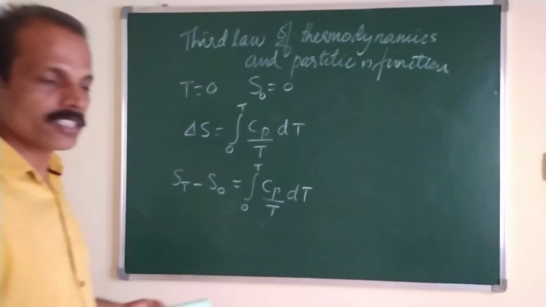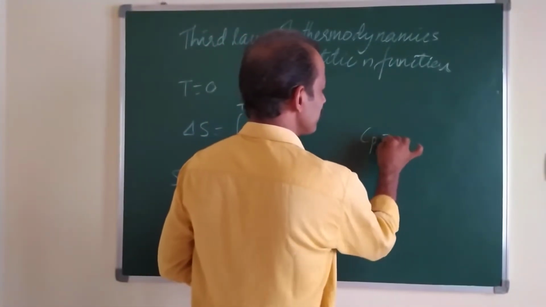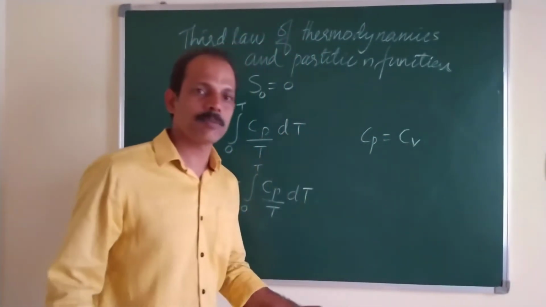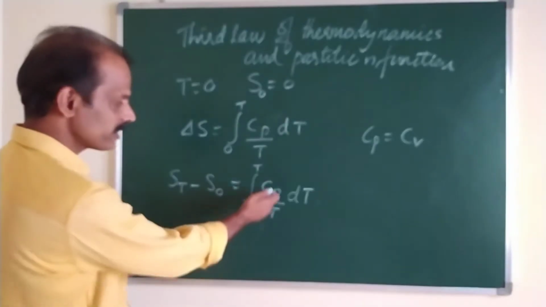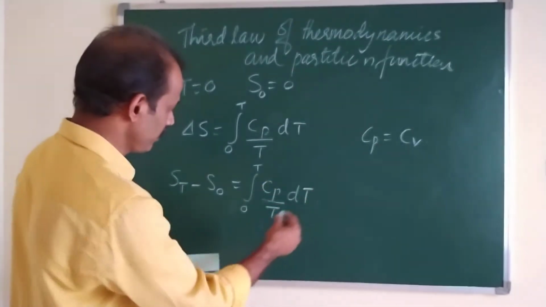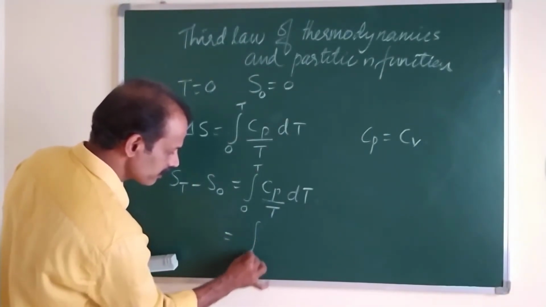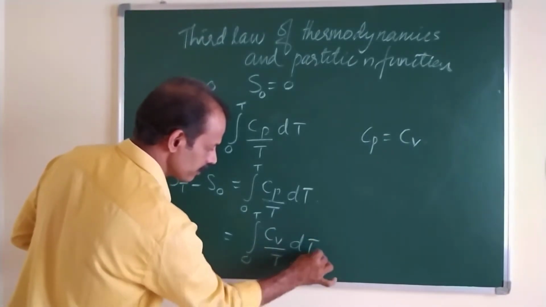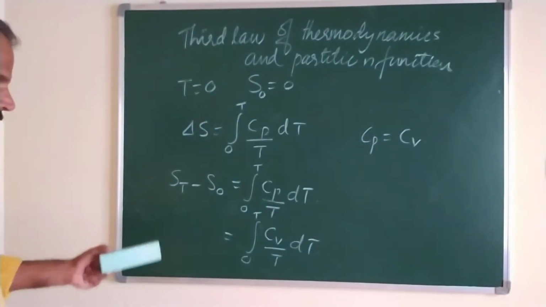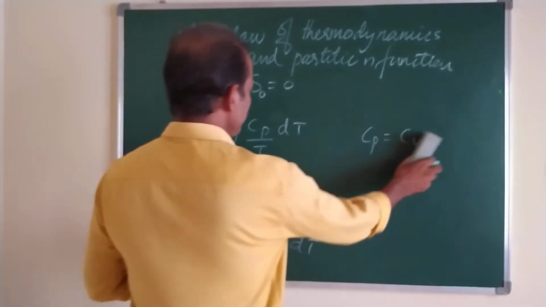But at absolute zero, Cp is equal to Cv. There is no difference between heat capacity at constant volume and pressure. Both are equal. So instead of Cp, we can write Cv. So this is equal to integral 0 to T of Cv by T dT. That's our equation.